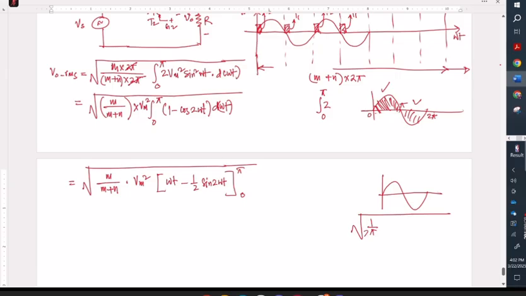And if we say 1 over 2 pi, then this is the total area that we have, and we limit it from 0 to 2 pi, and then 0 to pi, and then it should be 2 Vm square sine square omega t multiplied by d of omega t, right? Yes sir.